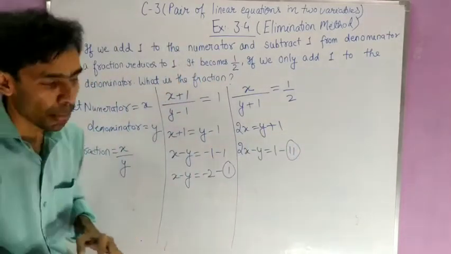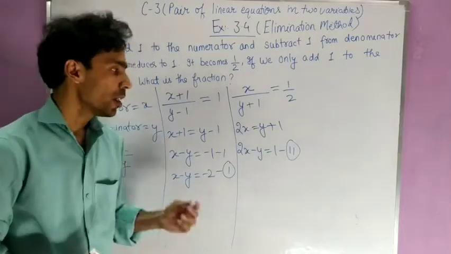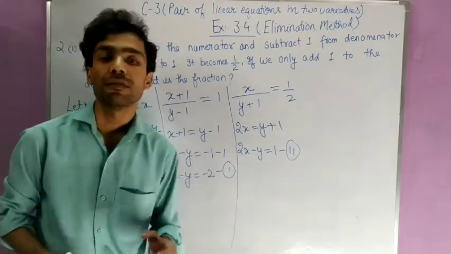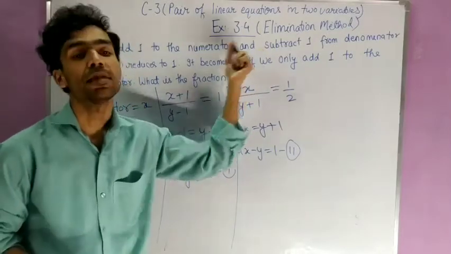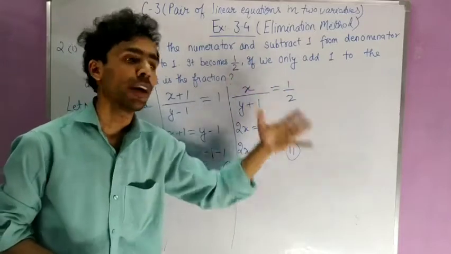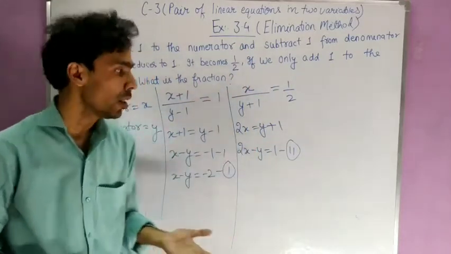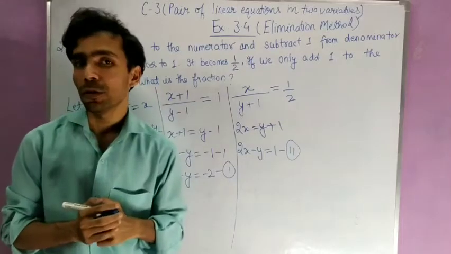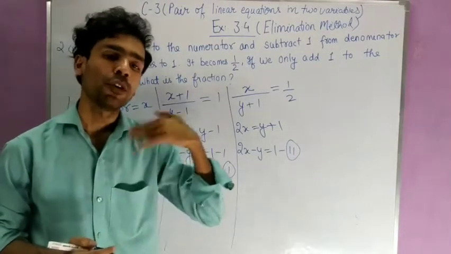Now students, we have formed two equations. Now we have to solve these two equations with the help of the elimination method, because in this question it is specified that you have to solve these equations with the help of the elimination method. So in the elimination method, what do we do? We eliminate any one variable from both the equations.